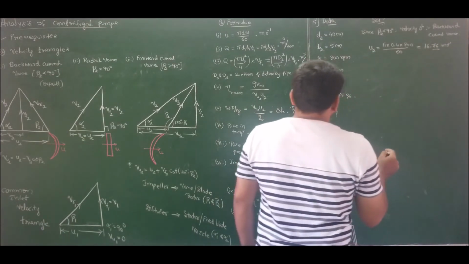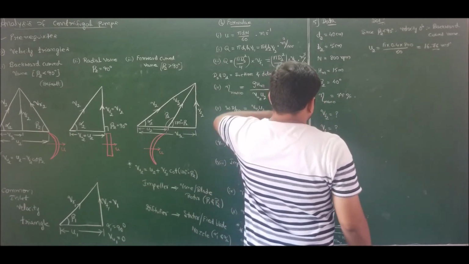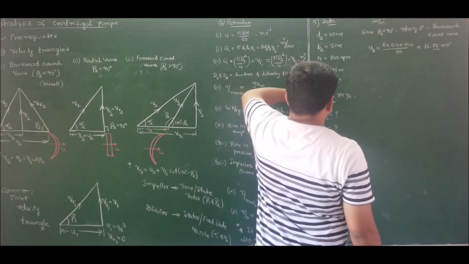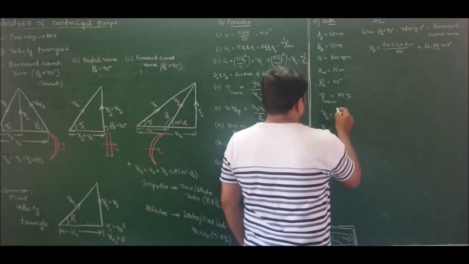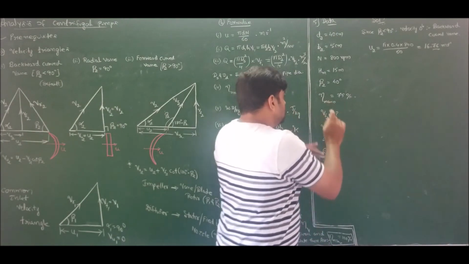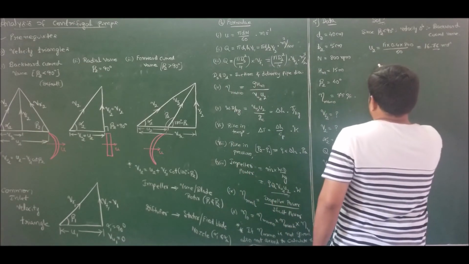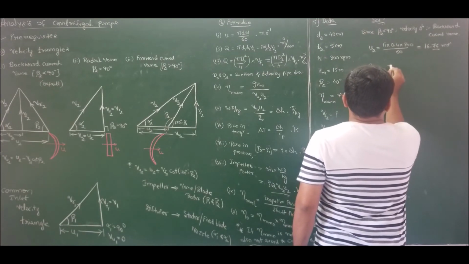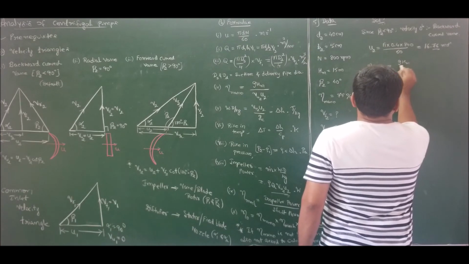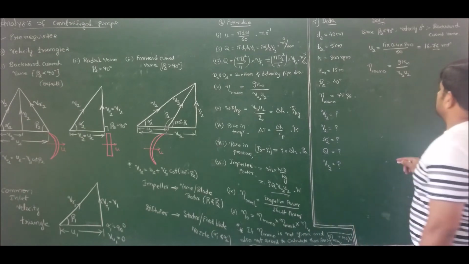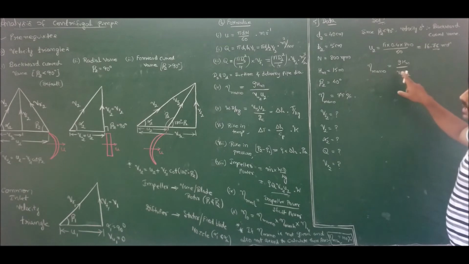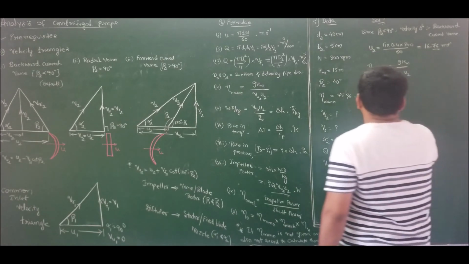Next, moving ahead, he has given the manometric efficiency, so therefore use the equation for manometric efficiency. That is, eta mano equals g HM by VU2 U2. If you carefully observe, manometric efficiency is known, U2 is known, HM is known, the only unknown is VU2. So find the value of VU2.